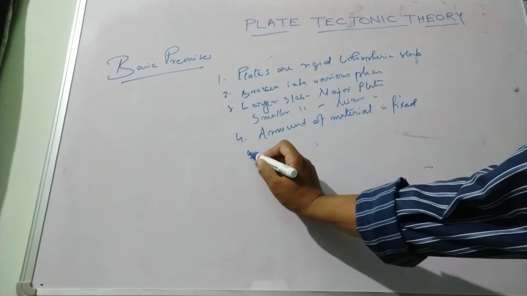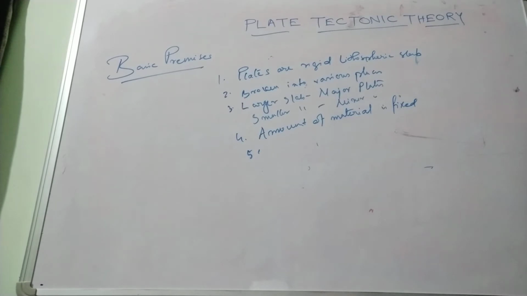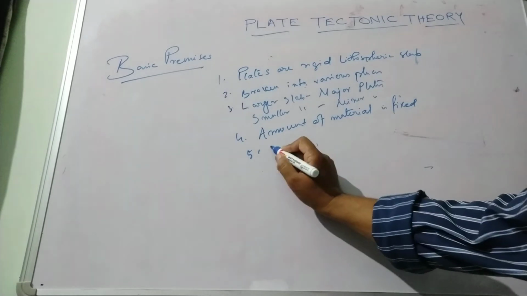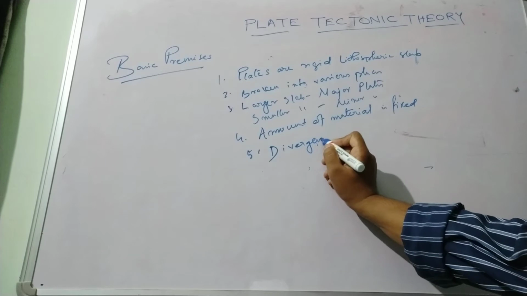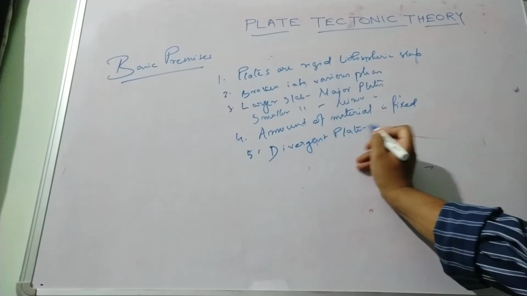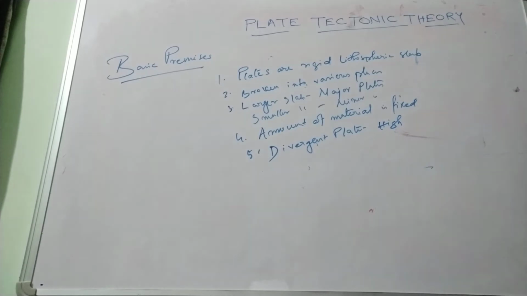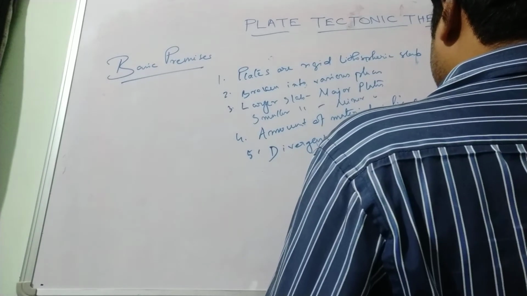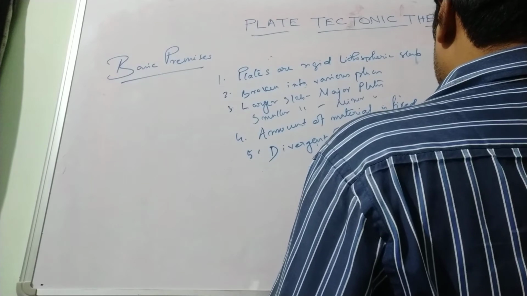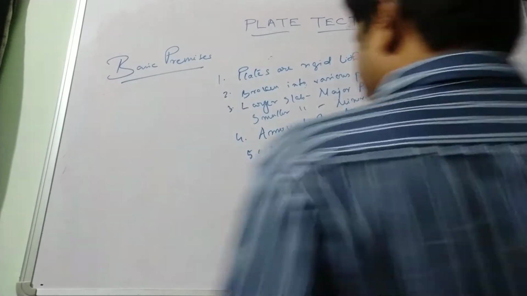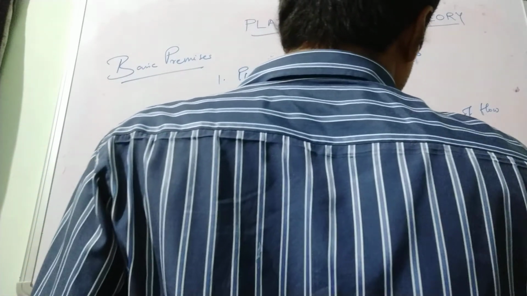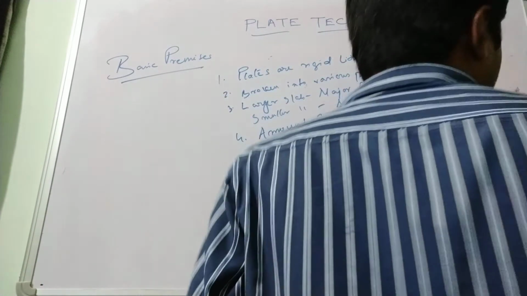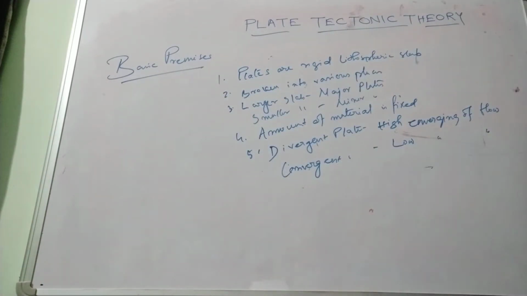And the divergent plates are characterized by high emerging heat flow, and convergent plates by low heat flow. So these are the basic premises to understand this plate tectonic theory.